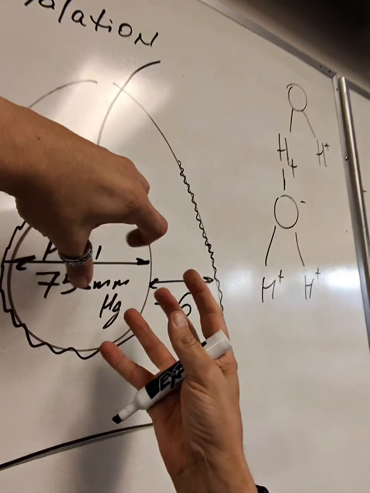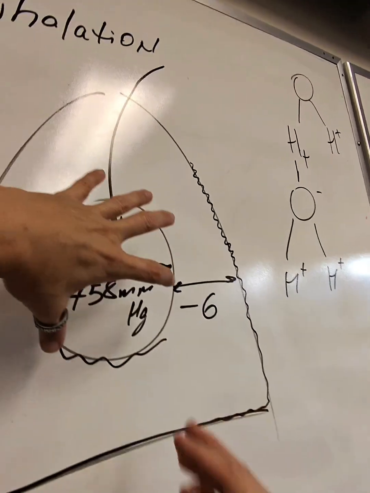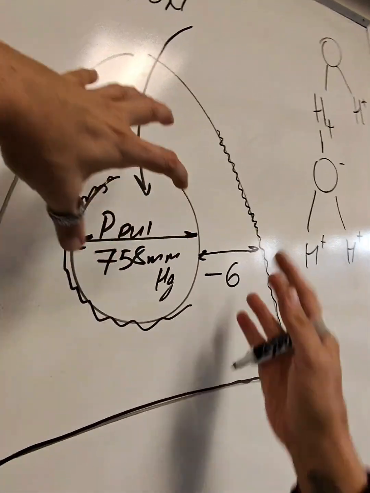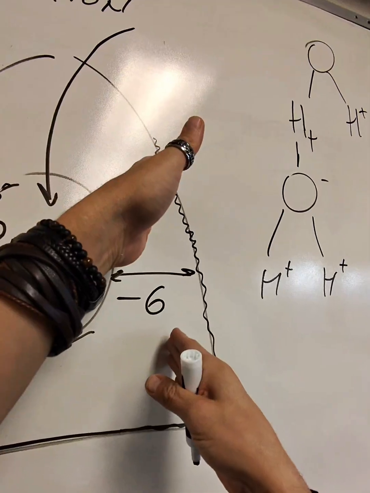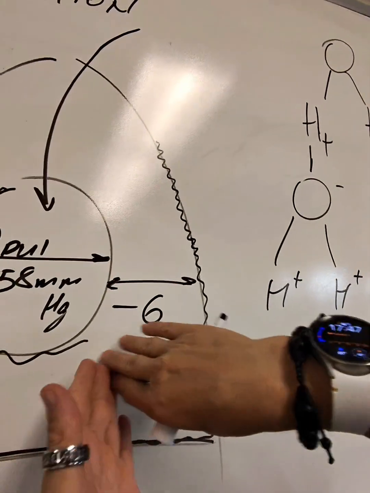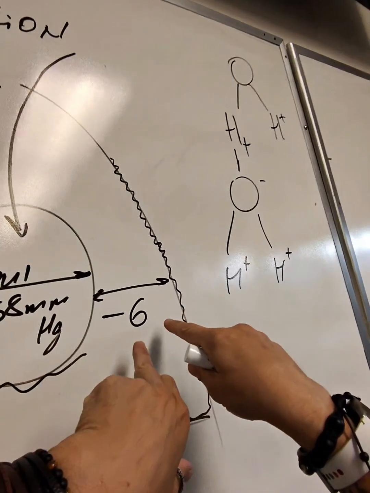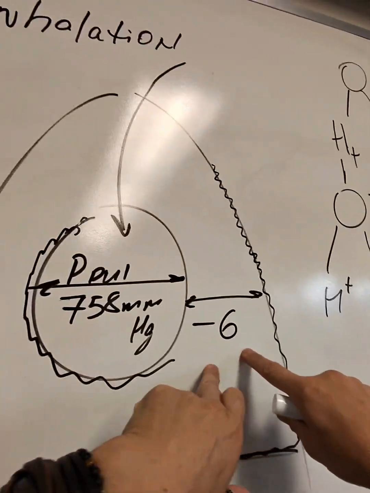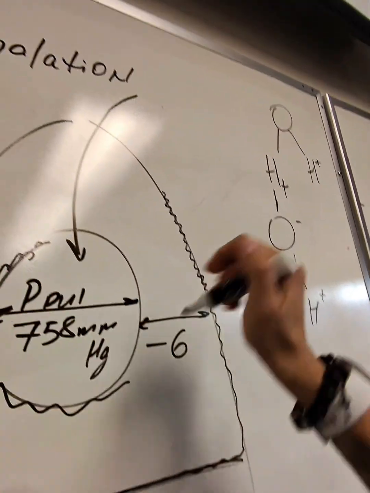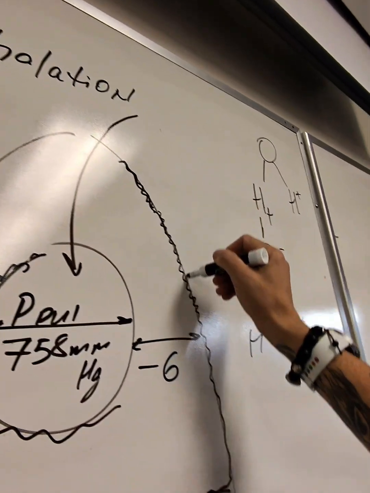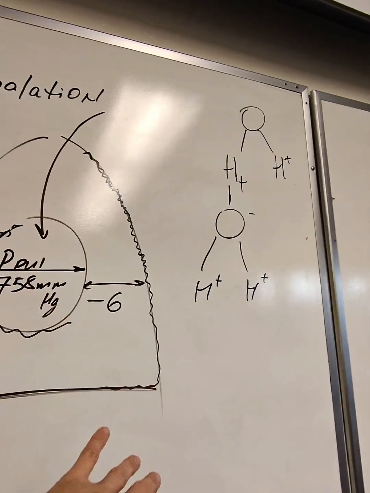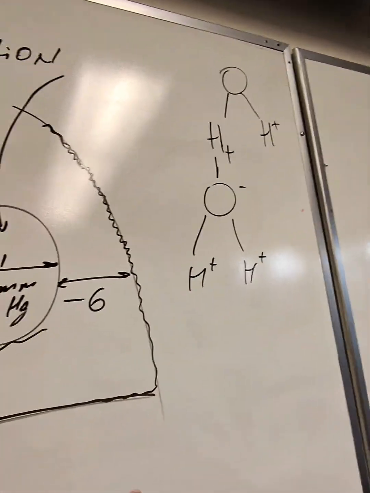So it prevents the lungs from collapsing. So the lungs create inward pressure, and within this space there's a creation of outward pressure. So it's like a tug of war. So intrapleural pressure prevents the lungs from collapsing, just because there's also elastic tissue within the chest wall.